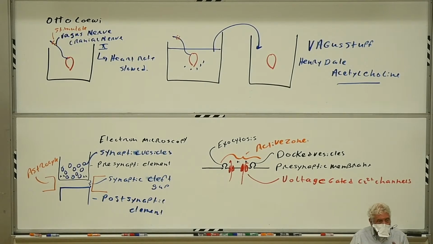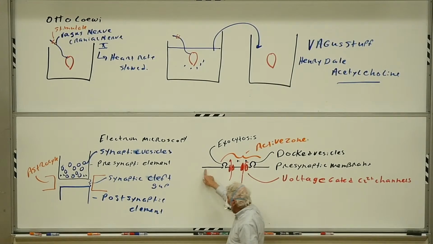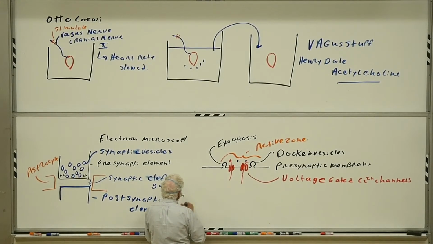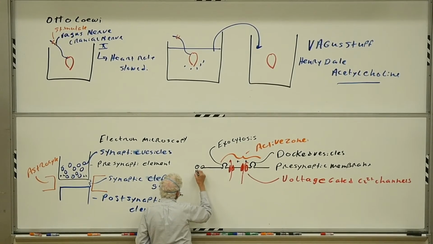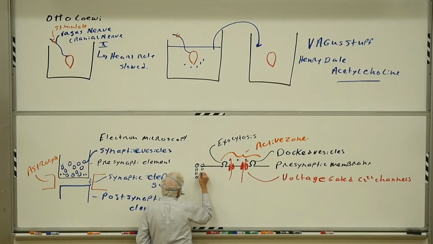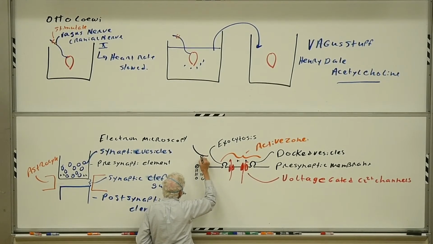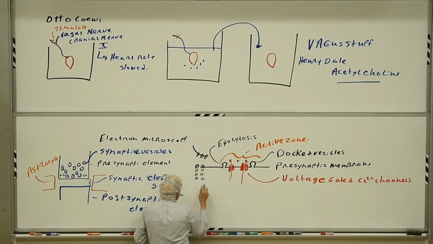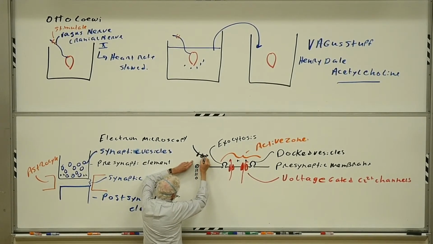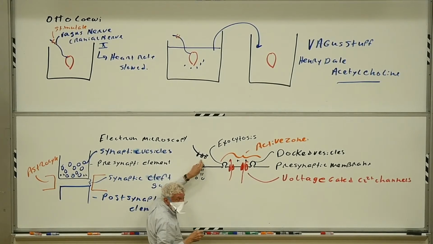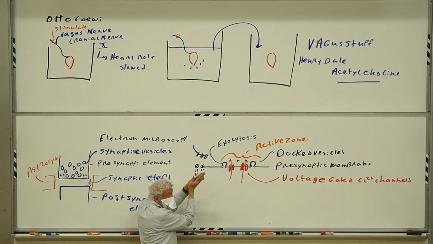It's not that simple. It can't be that simple. Because remember that this is a phospholipid bilayer, and these are typically going to be charged. And then the synaptic vesicle, too, is going to be a phospholipid bilayer. And it, too, is going to be charged. And as you bring these charges closer and closer together, suddenly you get a repulsion.